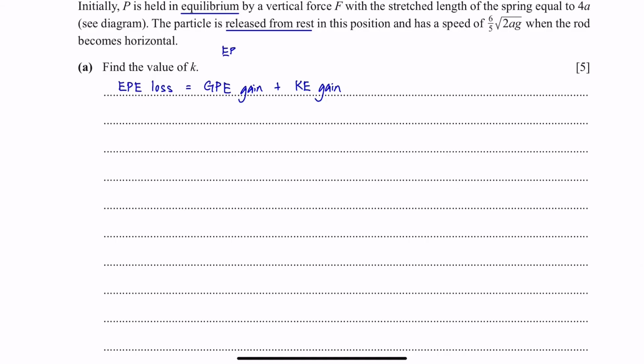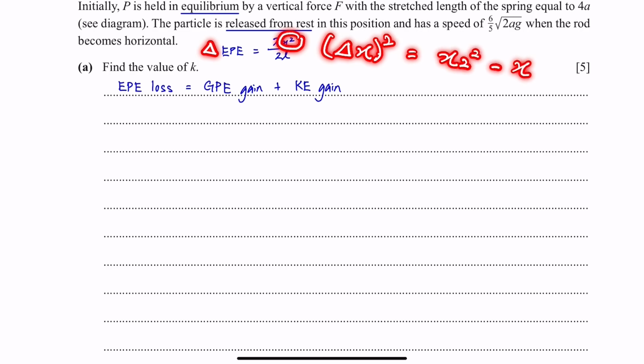So for the elastic potential energy, this would be the formula. And when we need to find the change in the elastic potential energy, we will need the change in the x squared, and that means it would be x2 squared minus x1 squared, and not equals to x2 minus x1 squared.